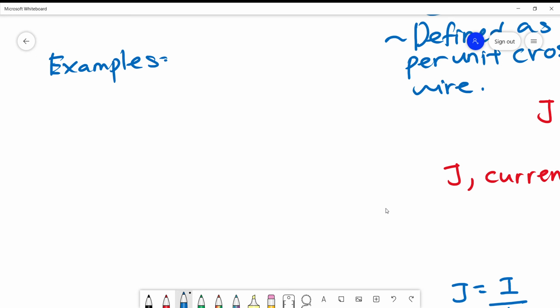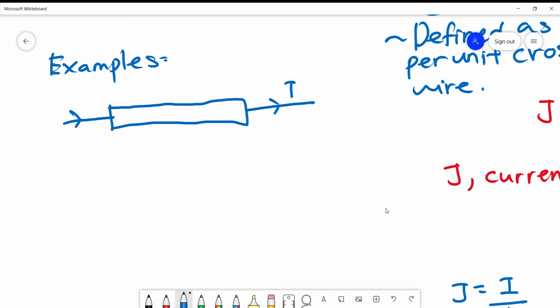There is only one example here. Let me draw some diagrams. This diagram should be our reference for answering the questions. This is the direction of the electric current.